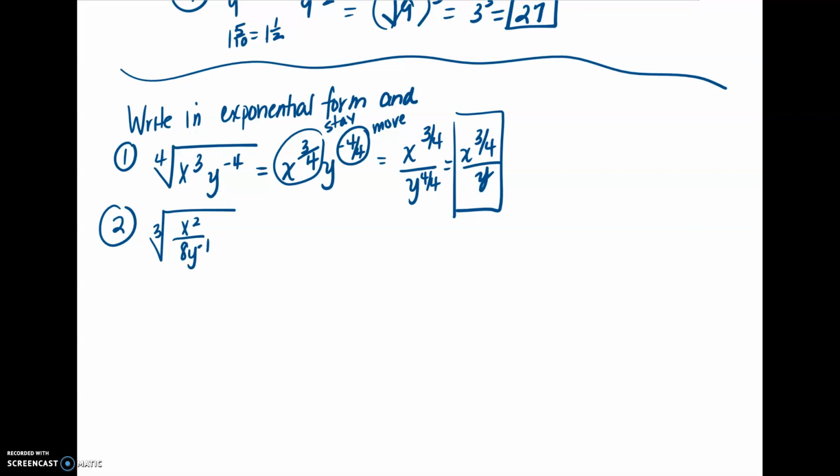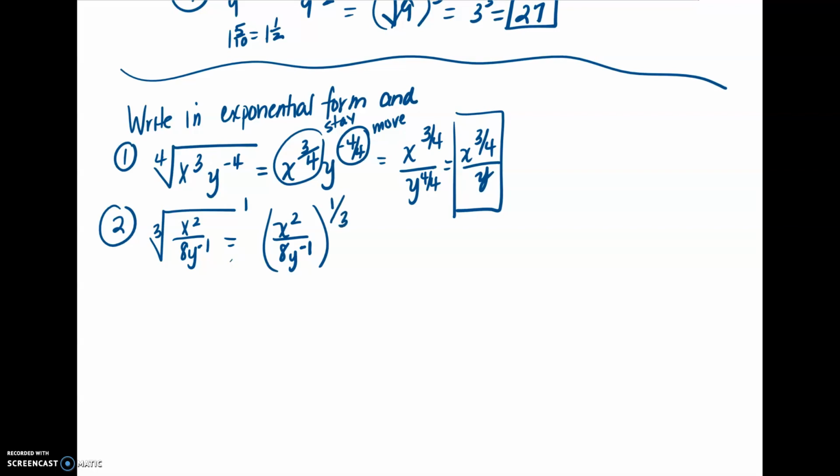Okay, so the best thing to do with this, because it's a quotient, is just take this base. This is my whole base, everything that's inside there. Let's make the radical into the exponent. Remember, this would be all to the 1st power. So that's your numerator, and your root is your denominator.